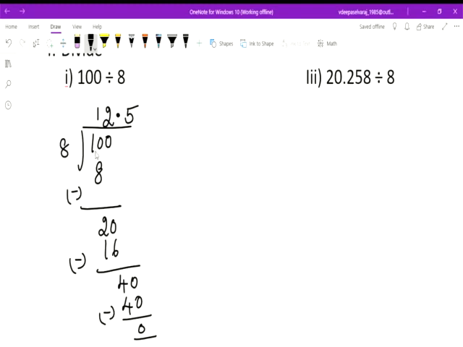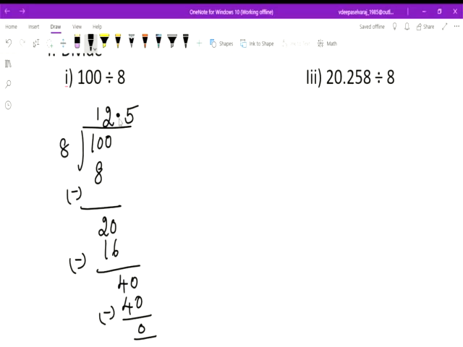Okay, I repeat this. 100 divided by 8. First you take 2 digits. In 10, how many 8s are there? 1 eight. So 1 into 8 is 8. 10 minus 8, what will you get, children? 2. Take the next digit, 0. In 20, how many 8s are there? 2 times. So 2 eights are 16. Now you subtract this, what will you get? 4. Here there is no digit after that. So in this situation, what do you want to do?